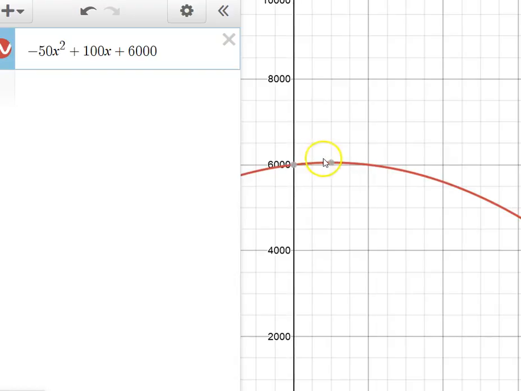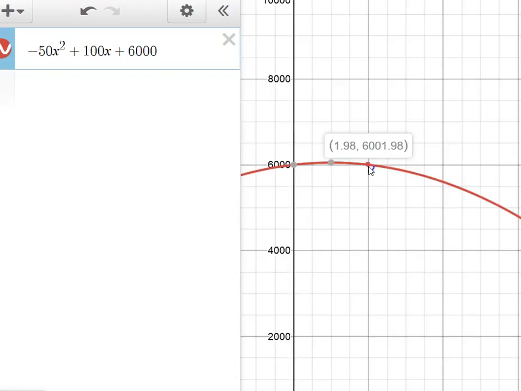Now, according to this, my high point is right here. So when I have one 50% increase in price, I will have $6,050 worth of revenue. But then after that, if I do like 2, right there, which is approximately 2, my revenue actually goes down.